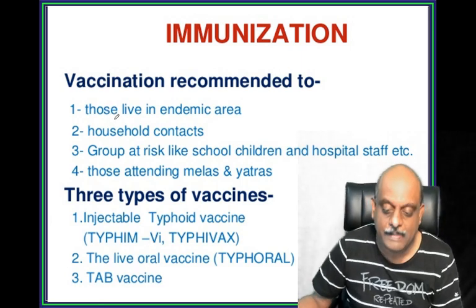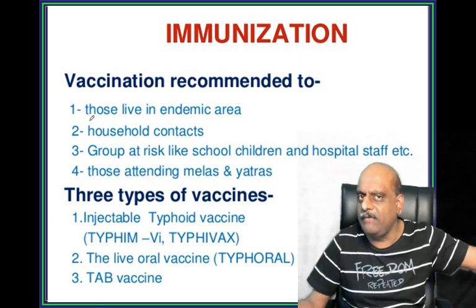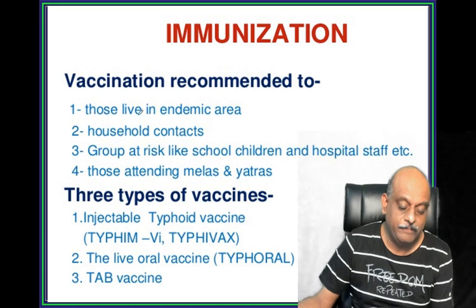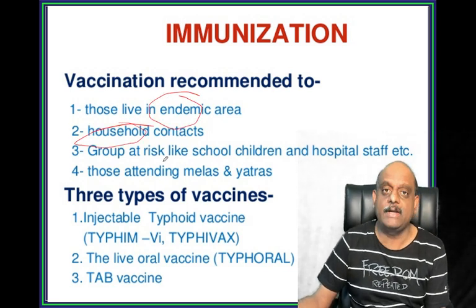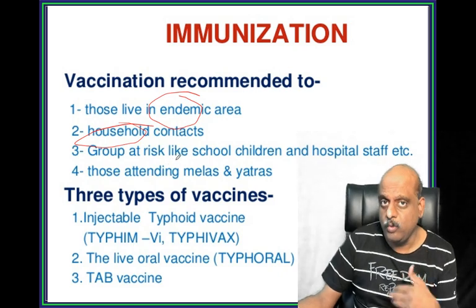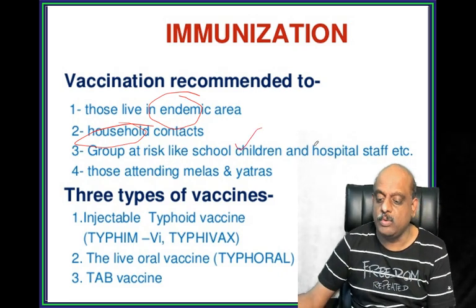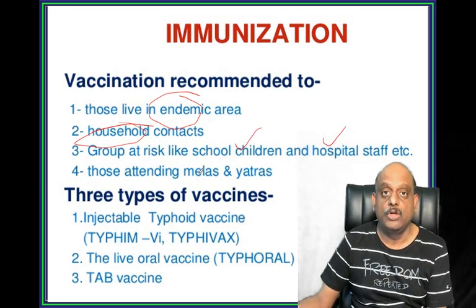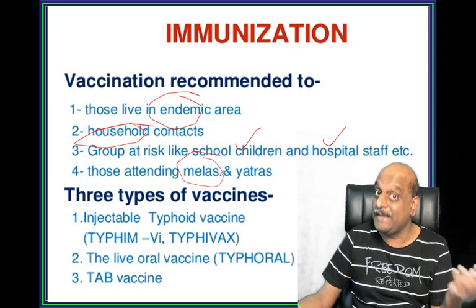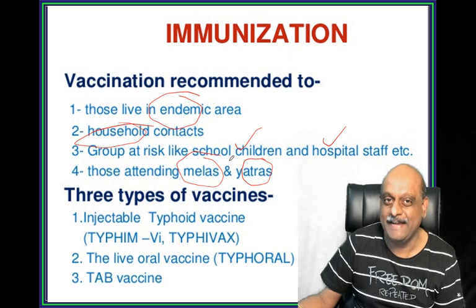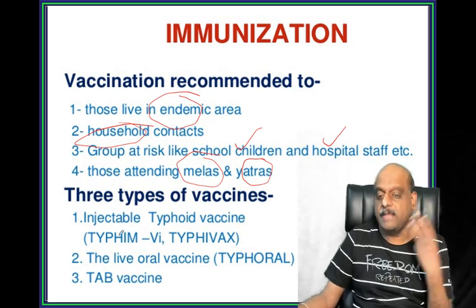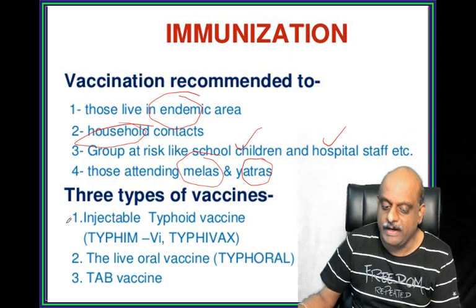Now, doctor, where is the typhoid vaccine recommended? Those who live in the endemic areas, the household contacts, the group who are at risk of typhoid, like school children, hospital staff, those who are attending melas, rathyatras, etc., Kumbh Mela, etc. There are 3 types of vaccines in typhoid.